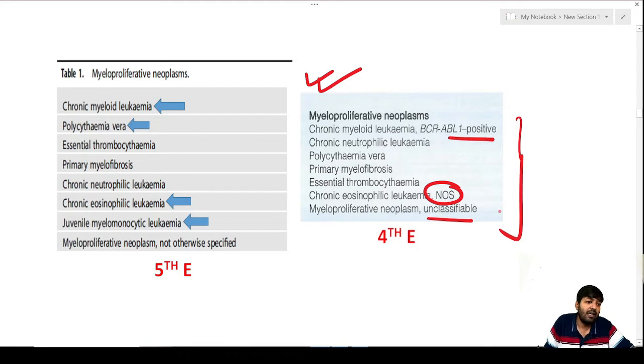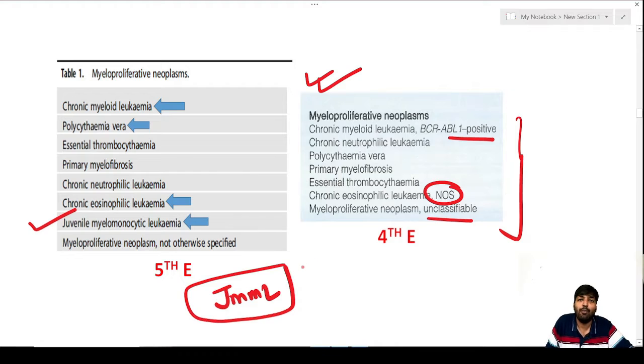So what are the differences that we are now using? Very important: if you look at the classification, all the entities are the same except that they have introduced a new entity, JMML, into the classification of myeloproliferative neoplasm.